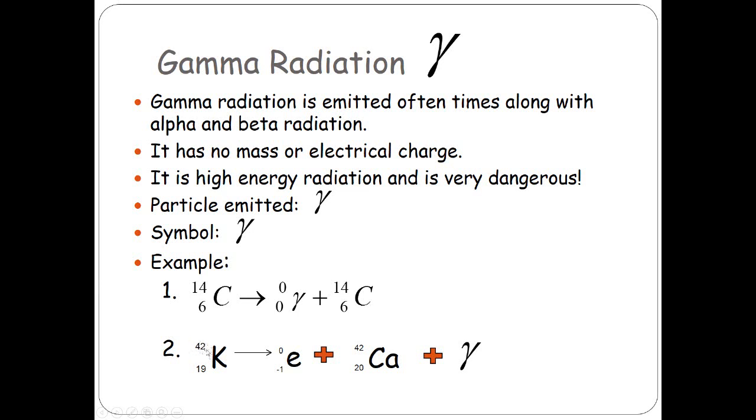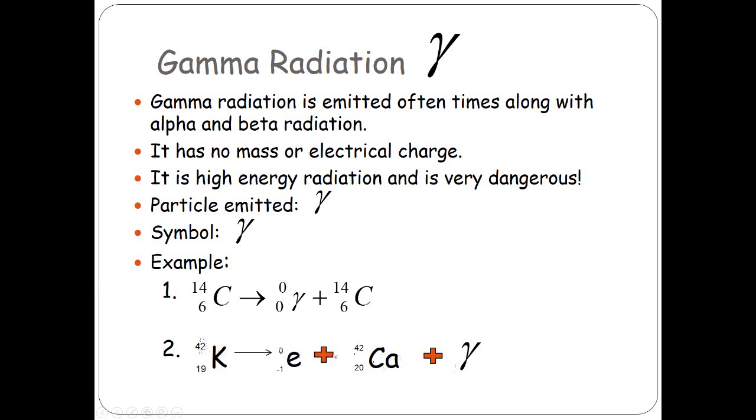It has too many neutrons, so it converts one of those neutrons into a proton. So the atomic number goes up to 20. The mass number stays the same, and it emits a beta particle. But at the same time, it also emits gamma radiation, where the numbers are still 0 and 0.